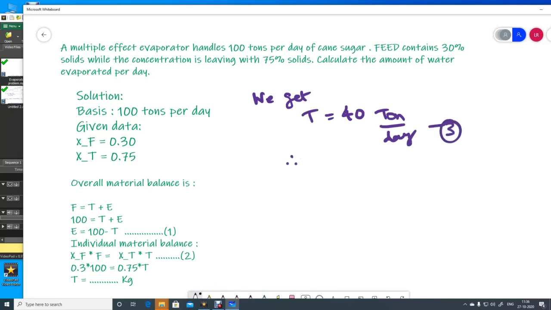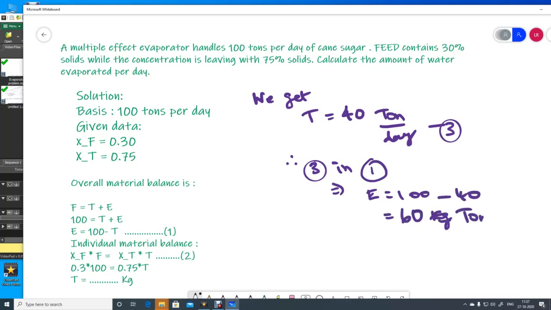Let it be equation number 3. If you substitute 3 in 1, we get E equal to 100 minus T. Therefore, E is equal to 100 minus 40, which is 60 tons per day.